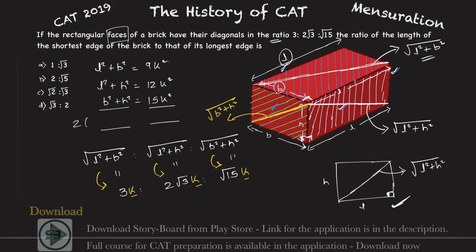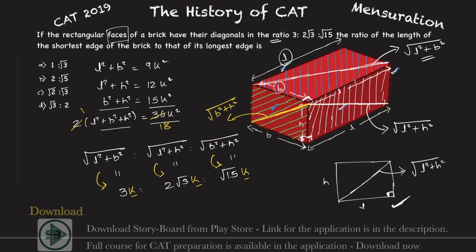So 2 into L square plus B square plus H square is equal to 9 plus 12 plus 15, that is 36k square. So L square plus B square plus H square is equal to 18k square.